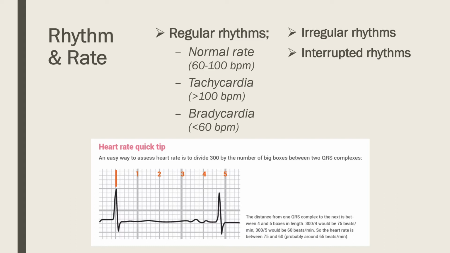As you see in this strip, the RR interval is about 4.7 large squares. So 300 over 4 equals 75, and over 5 equals 60. So the heart rate is between 75 and 60, about 65 beats per minute.